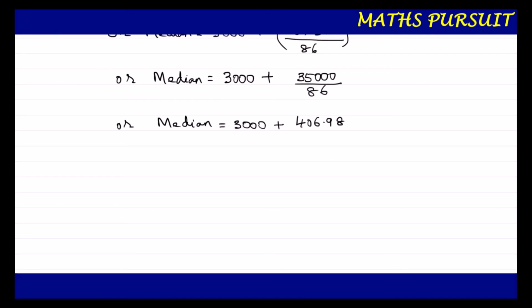Or I can write median is equal to 3406.98. So guys, what we got? We got the value for median is 3406.98.